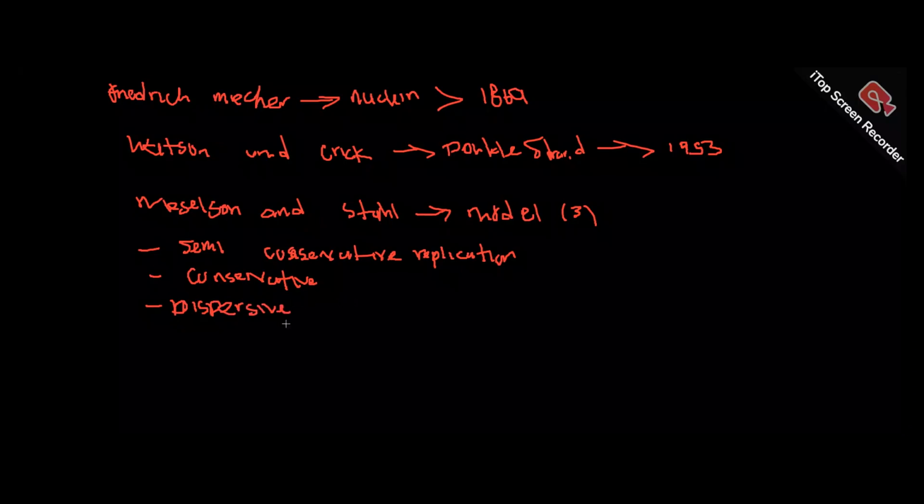Okay, so these are the three models, and I'm going to explain each one of them, because one should know the semi-conservative model, the conservative model and the dispersive model. So we'll start first of all with this one. This one was not true, this one was not true, but this one is true. Now why is it true? That's where we're going.